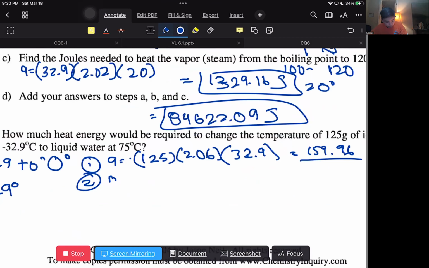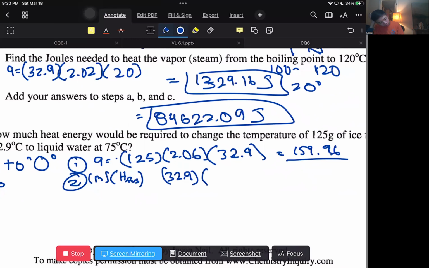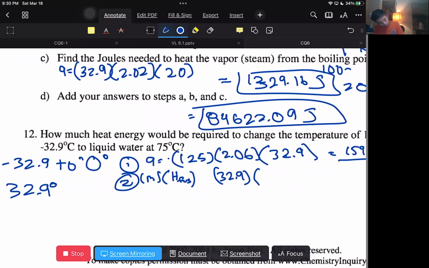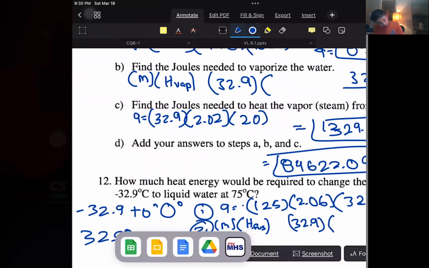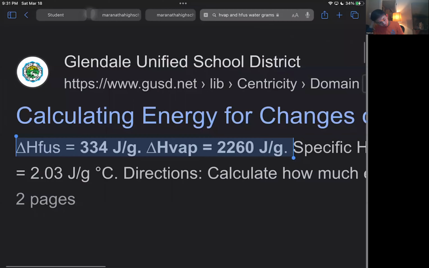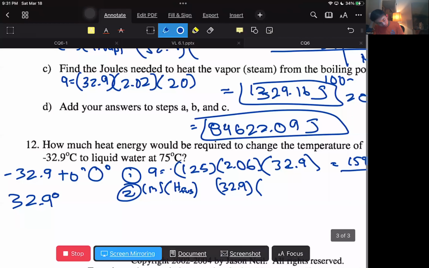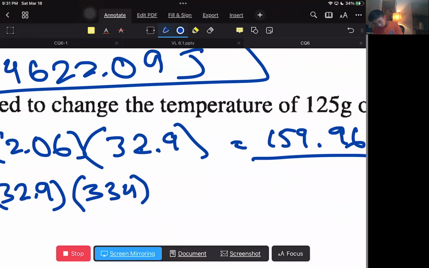It's going to be mass times H fusion. Fusion is another word for melting. I don't know why it's called fusion. The heat of fusion for melting is 334, so 125 times 334 will equal 41,750.